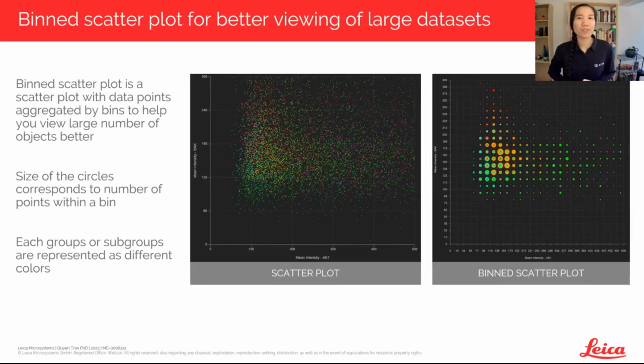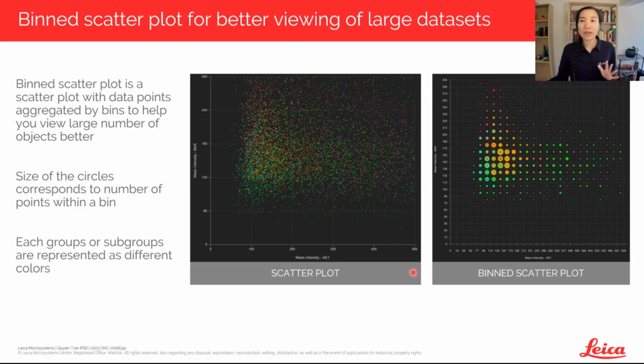Now, one more chart to introduce to you, which is the bin scatter plot, to help you visualize lots of cells better. The chart on the left here is the more traditional scatter plot, where each cell of each phenotype is individually charted with multiple colors.